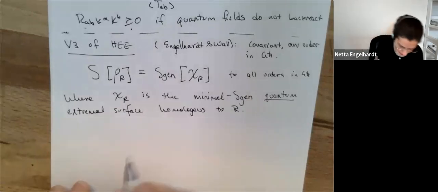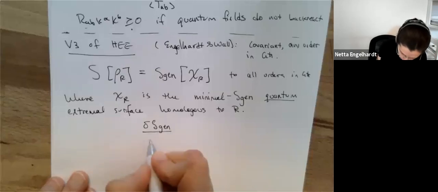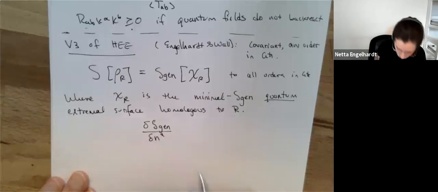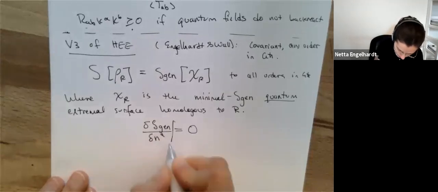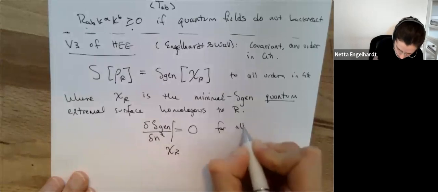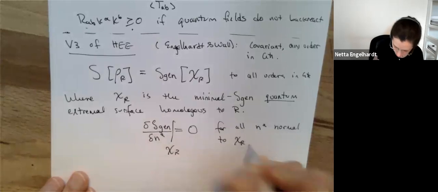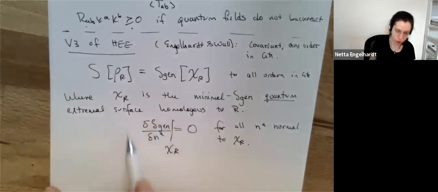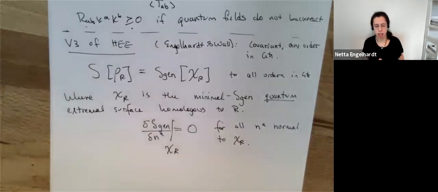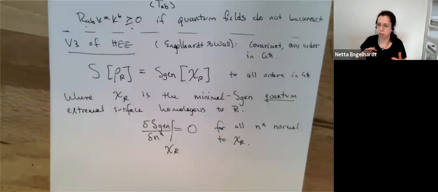So it means that if you vary S-gen with respect to any normal direction to the surface, this is going to be 0 for all N-a normal to chi R. Now, there are some subtleties in exactly how one is supposed to interpret this, and I'm not going to go into them because you could say, oh, you're varying this in the time-like direction, and that's complicated because you have to vary this non-local quantity.